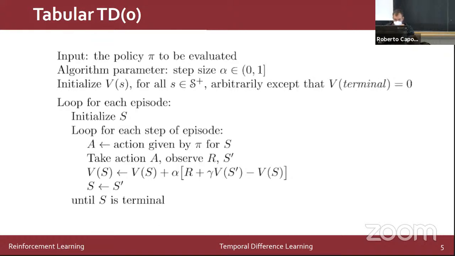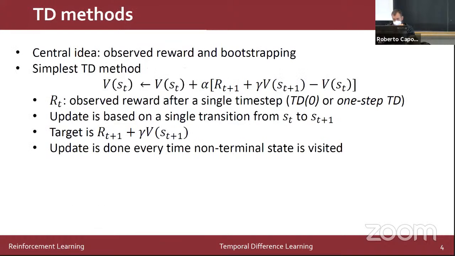Now, you might be asking yourselves, why is this called temporal difference? It's called temporal difference just because a single transition from one step to another, so a single step of difference in time, allows us to update our value function. Instead, in the Monte Carlo approach, we had to rely on a full Monte Carlo sampling of a full trajectory.